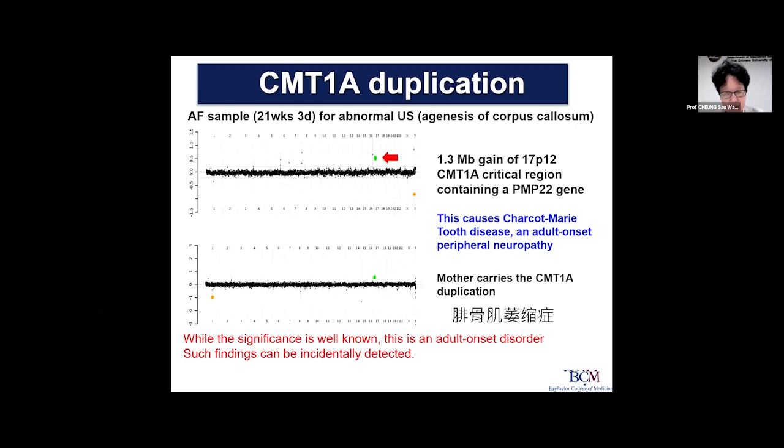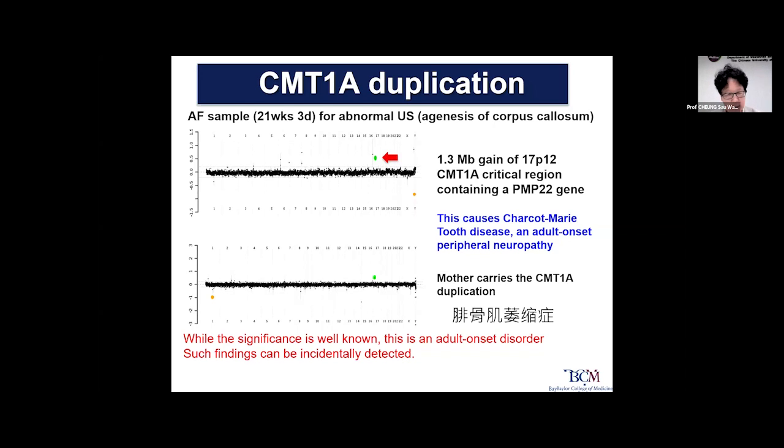For example, usually the mother behaves very normal, and because of the pregnancy we find this out, and then we studied the parent, the mother has it, and we call this an incidental finding. And that's another terminology that you will run into in counseling.